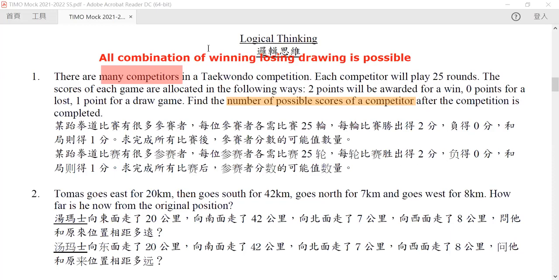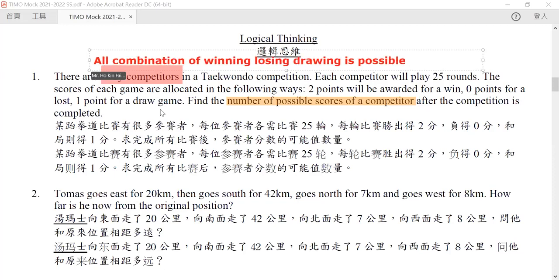So now we want to know the number of possible scores for all the competitors. So let us consider the range of the score. Now, if we have a competitor who is very, very bad, they lost all of them. So what's the score for this competitor? Of course, 0, right?